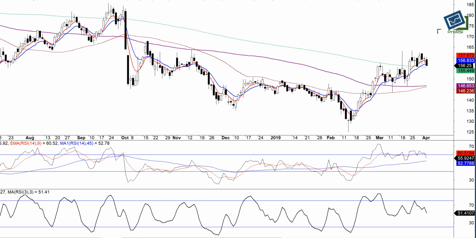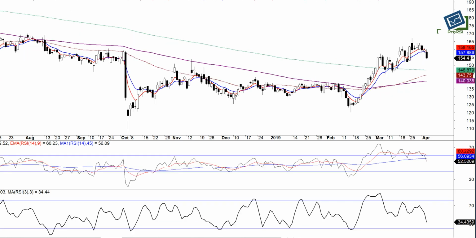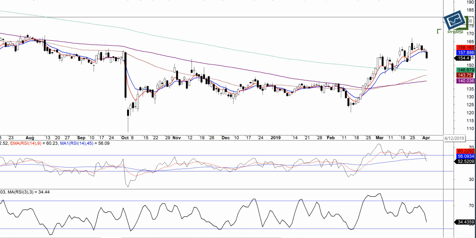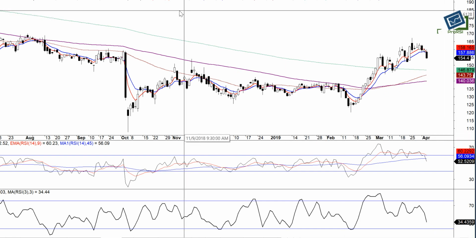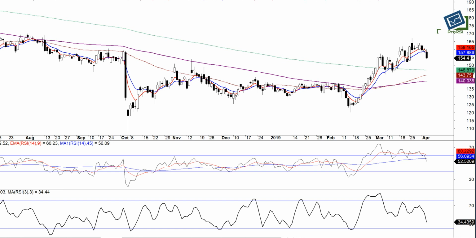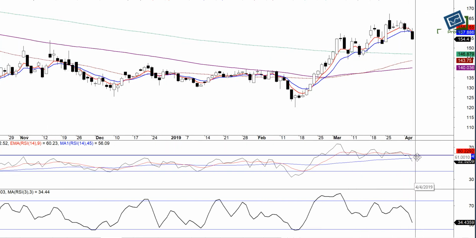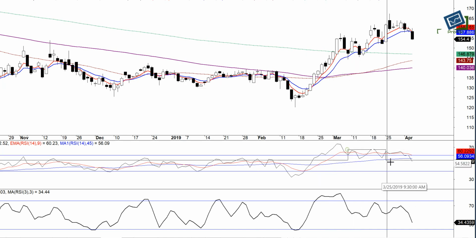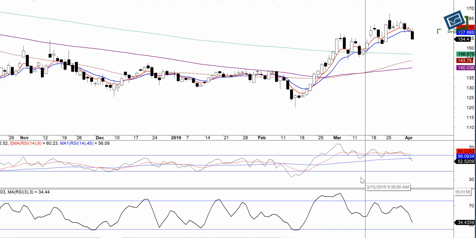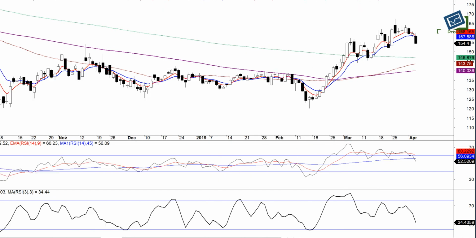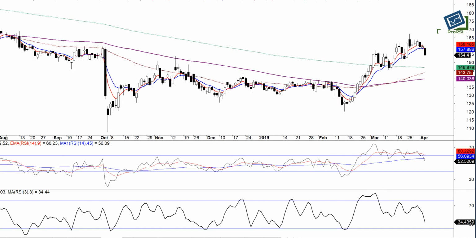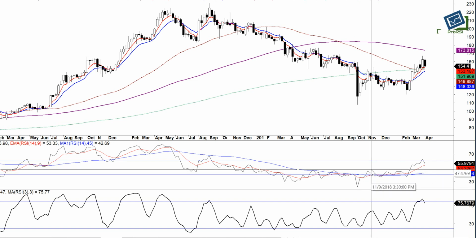Now there was another compression in IOC also, the same type of setup. So the oil marketing companies are running into this type of resistance or compression, as we see. You can notice the same setup here, the same compression from the last few days. Now we switch to the weekly chart, and you see almost the same thing.